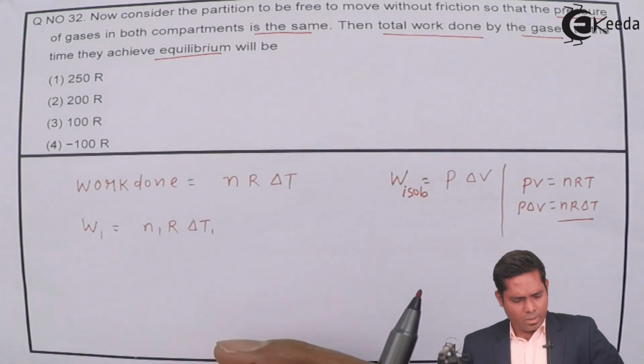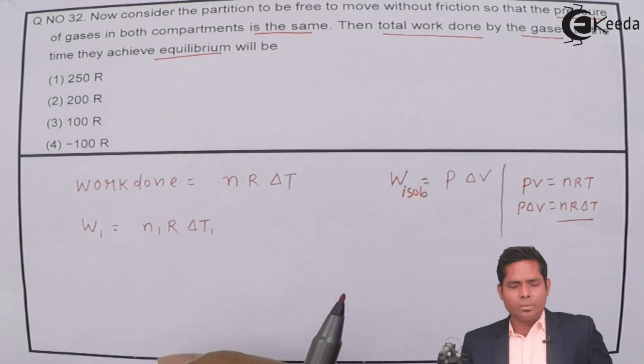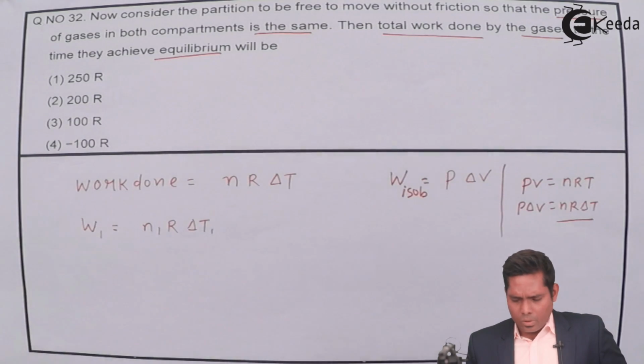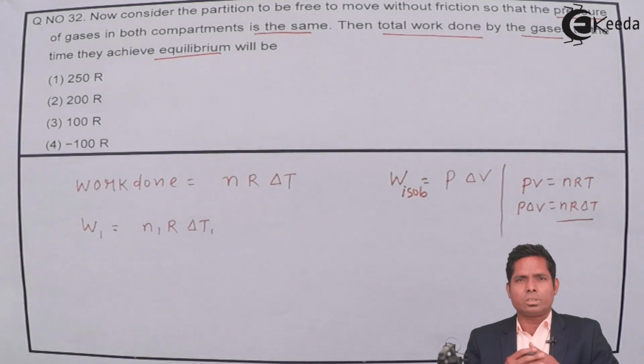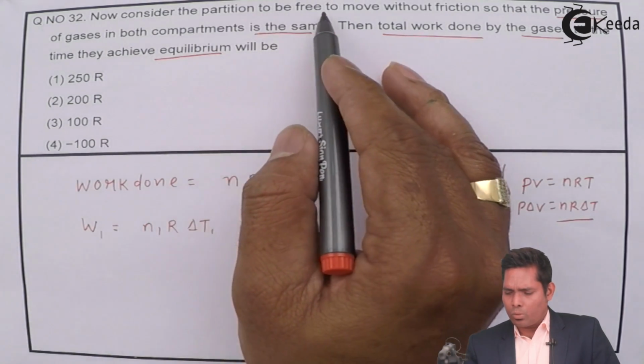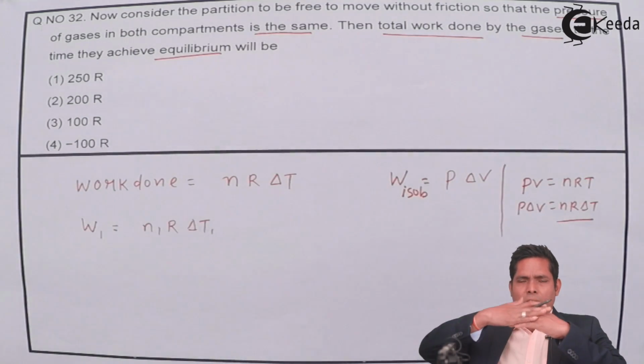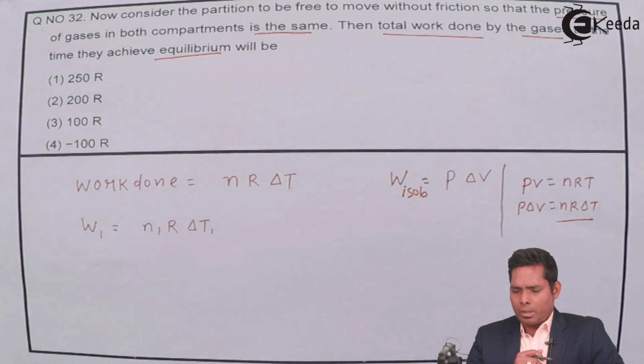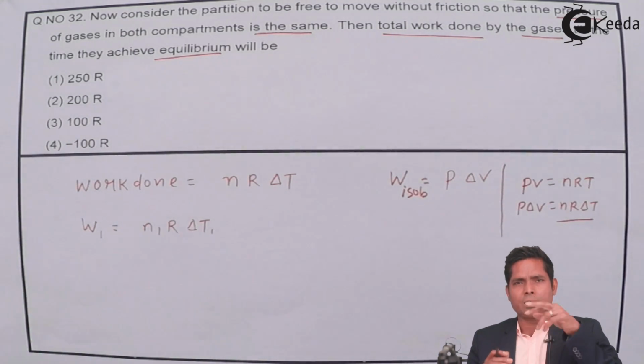We have to find that work done, and before that we have to find the final temperature when this partition is removed or is free to move. When the partition is free to move, because of the pressure it will move up, and as well as heat transfer will occur.